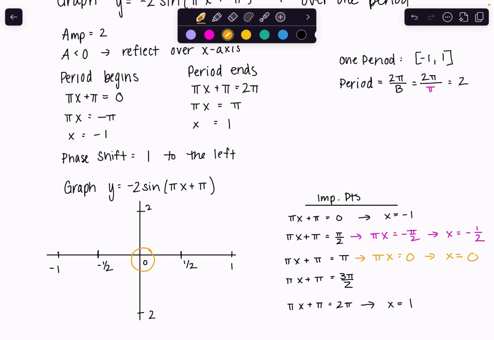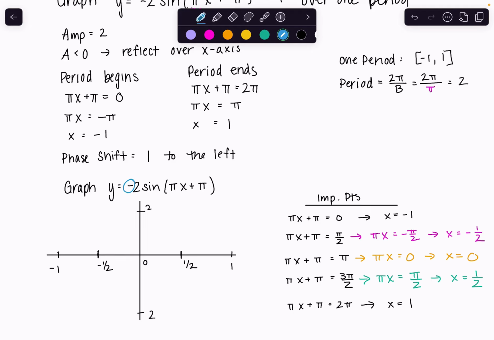Exactly our middle point. And then here, subtracting pi gives you pi x. 3 pi over 2 minus pi over 2 would be 1 pi over 2. So you end up with x equaling 1/2. Again, the next key number.